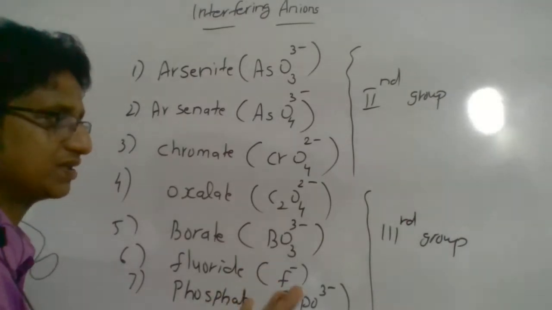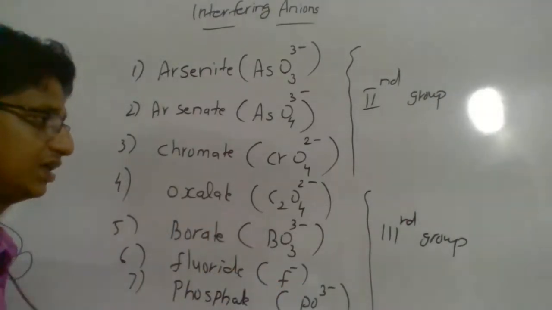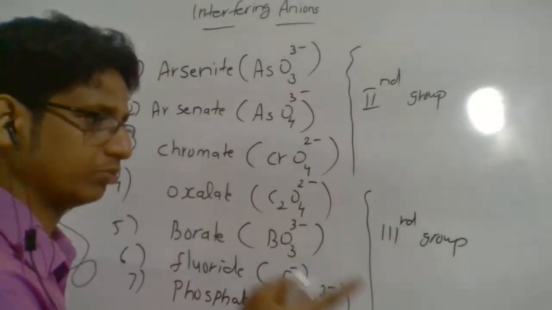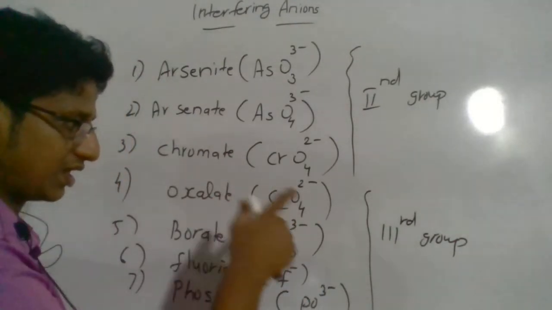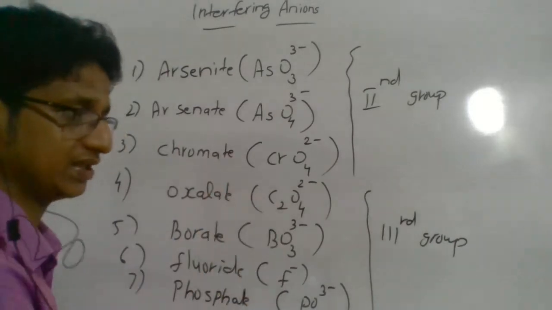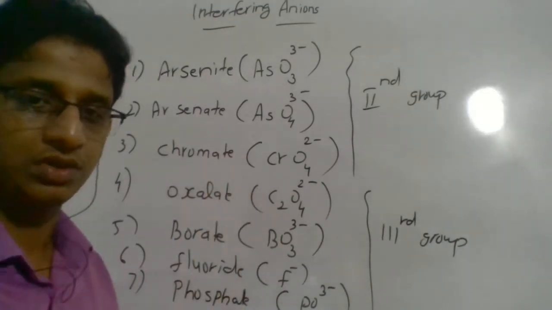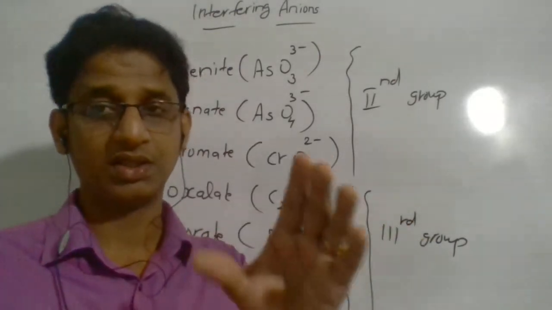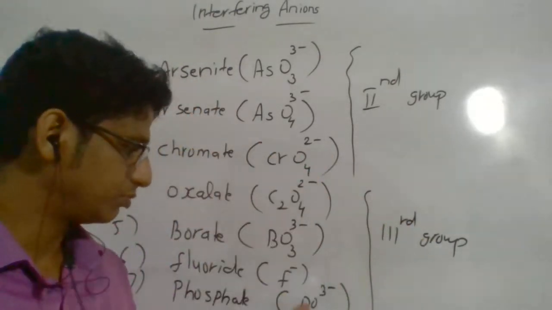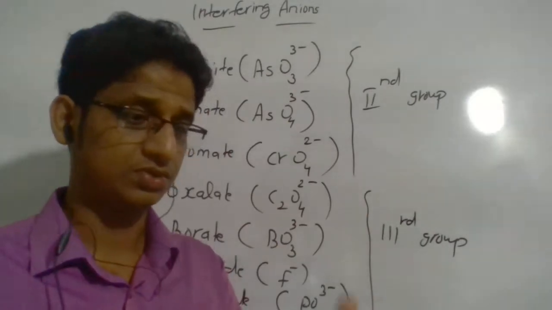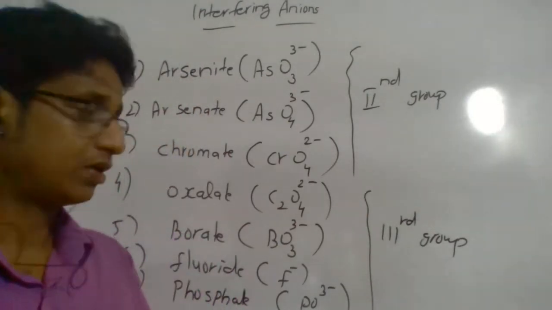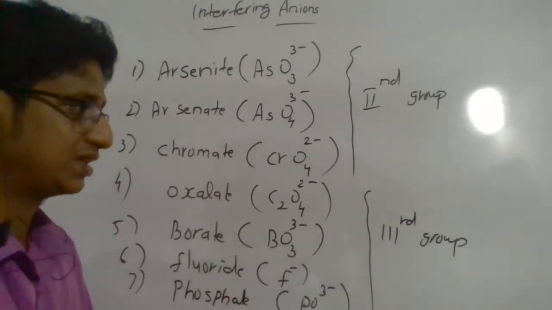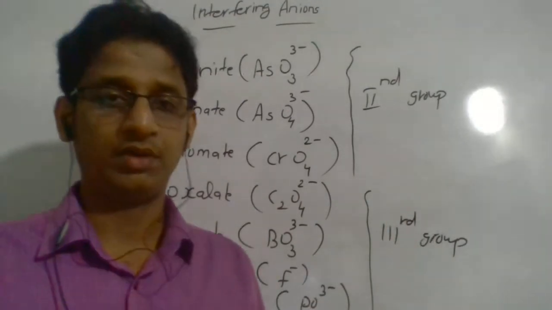If oxalate, borate, fluoride and phosphate are present during the cation analysis, they do not disturb the first and second group, because they are soluble in acidic medium. In the previous class I told you that the first and second group of cation analysis are done in the acid medium, so these dissolve in acid medium and do not make any unwanted precipitation in the first and second group. That way they start interfering from the third group onwards.